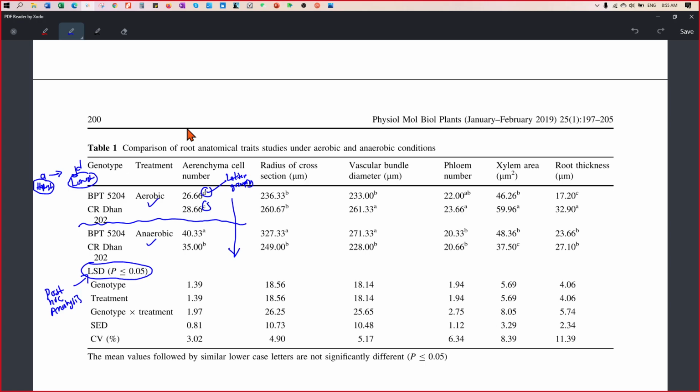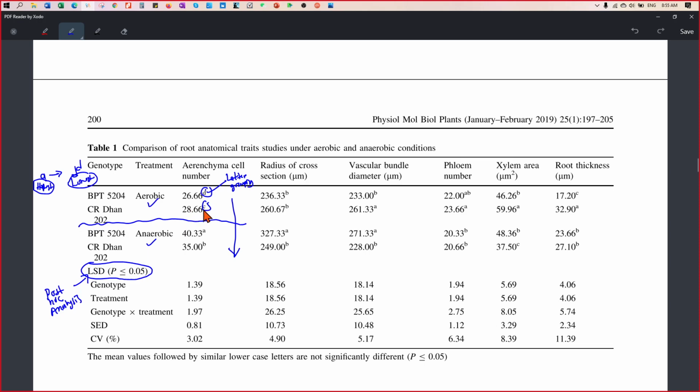Okay, and the thing also applicable to other parameters. Okay, so the radius, you can see that, so remember, A is high, whatever after that is lower. So we can see that, okay, apparently this CRDHN, when you grow in aerobic condition, is it going to be high or low?